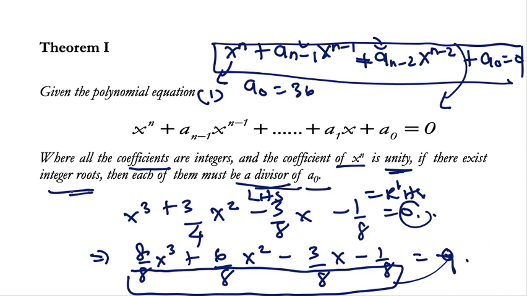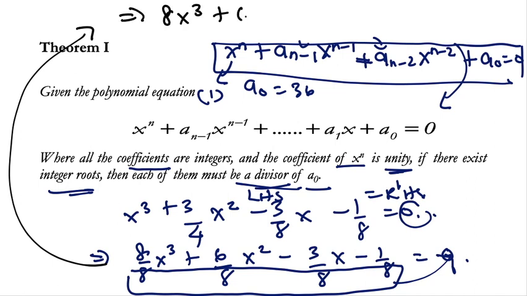So I simplify it further, then I can have 8x cubed plus 6x squared minus 3x minus 1 equals 0. Once you are done with this, changing it from fractions to integers, then you check whether you can use theorem number 1 or not.